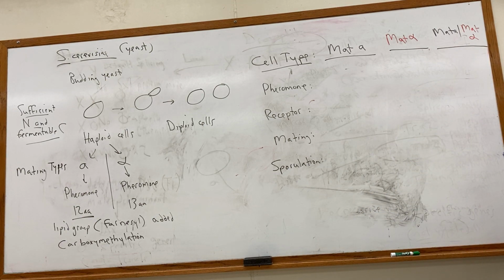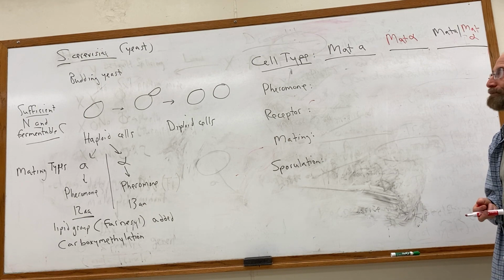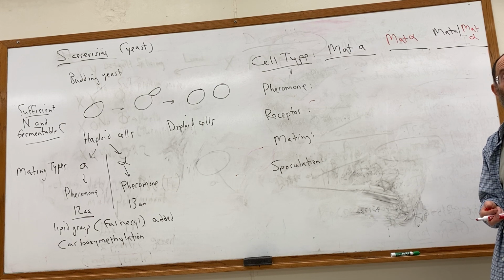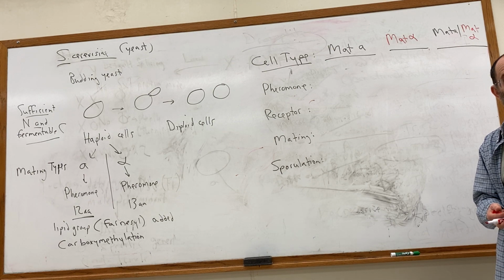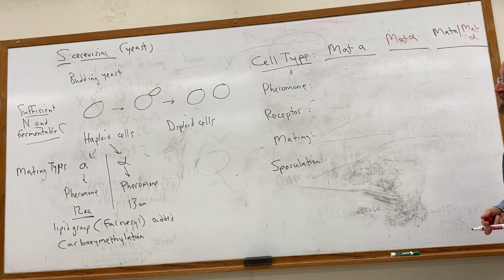So first of all, if you have a mat A cell, so this is mating type A, do they make pheromone? Yes, that's right, it wasn't a trick question. And if so, what kind of pheromone do they make? The 12 amino acid one. Right, so they make the A pheromone.